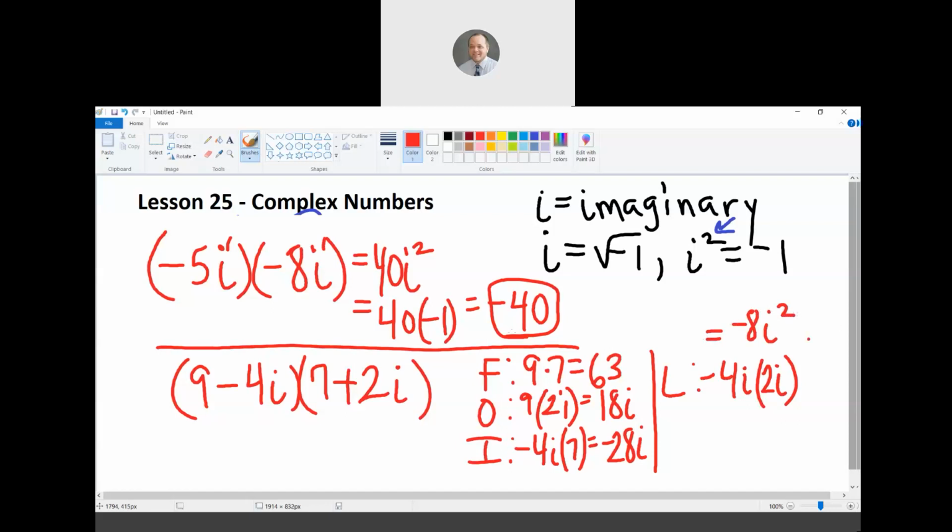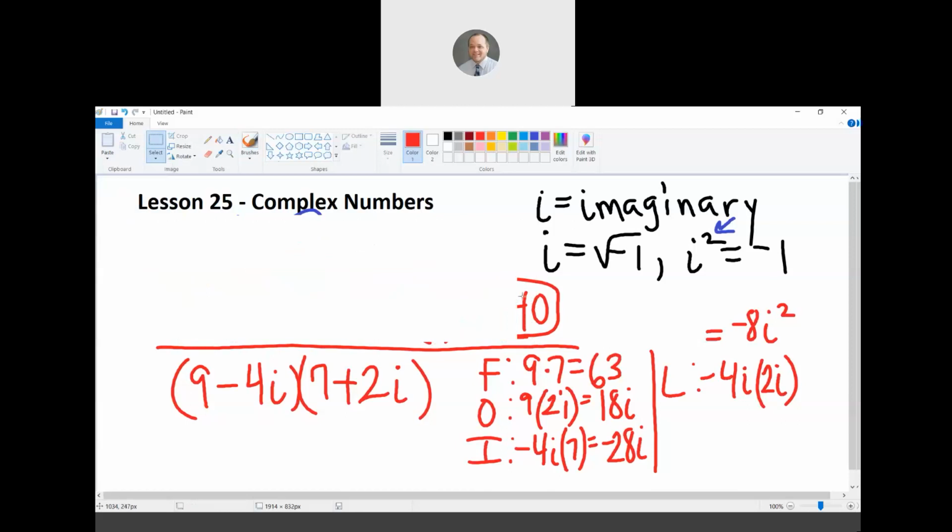Now, there are a couple of things we can do before we get our final answer. First thing, we can combine our outer and inner terms. So 18i minus 28i gives us -10i.